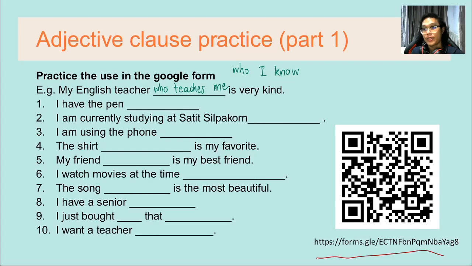This can be another answer as well. Or you can say something like, my English teacher whom I love is very kind, is another answer as well. So answers can vary from one person to another.